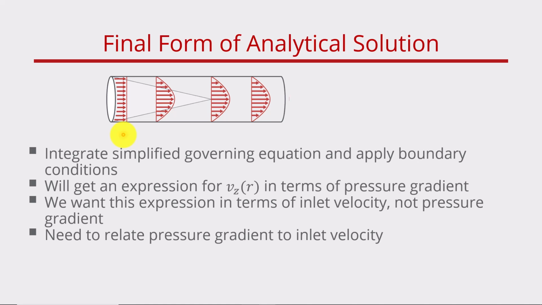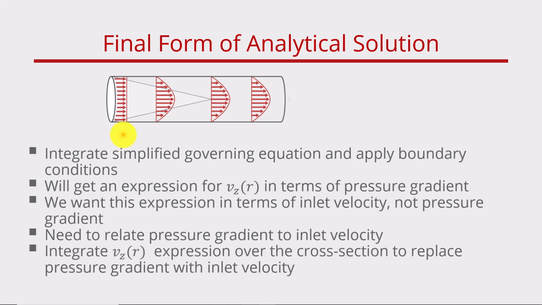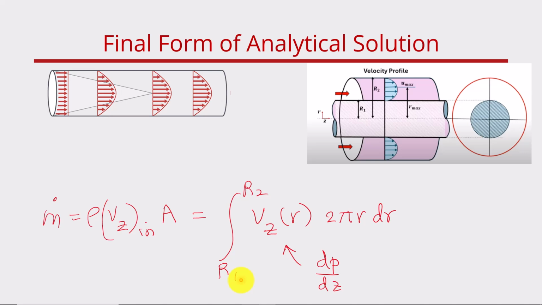I relate the pressure gradient to the inlet velocity, and I do that by integrating that parabolic profile in terms of the pressure gradient over the cross section. Let me explain that. First, I'll do it for the cylindrical duct, and then you'll see it's relatively, at least conceptually, straightforward to extend it to the cylindrical annulus.